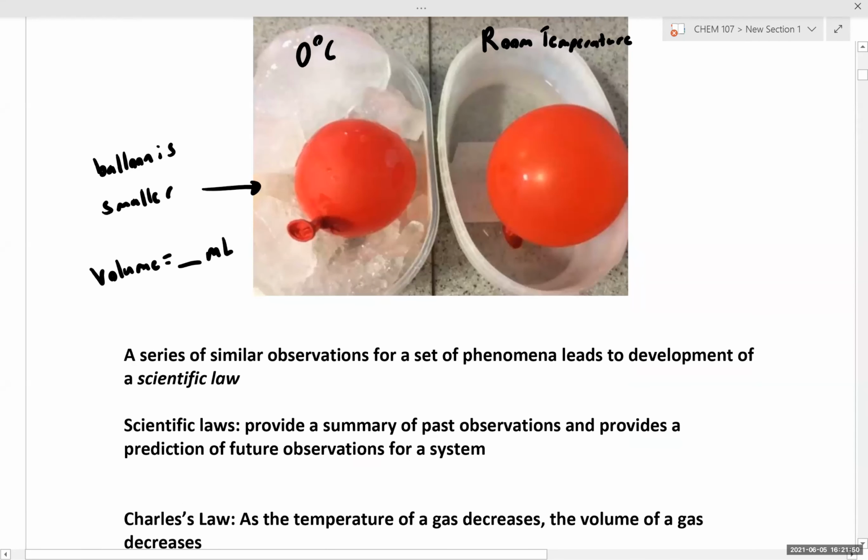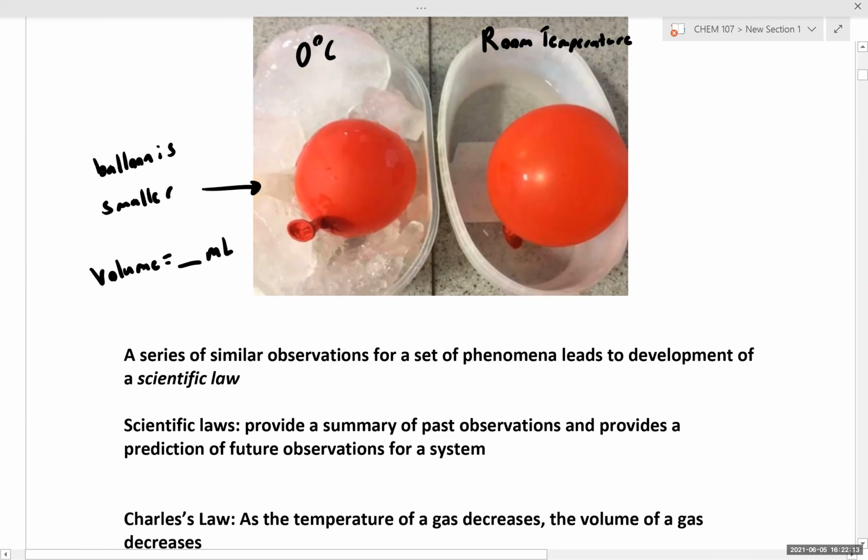Now, once we start to collect a range of observations for a set of phenomena, so let's say we look at the volume of gases at different temperatures. So let's suppose in the next experiment, we were to look at what happens if we place the balloon in boiling water.